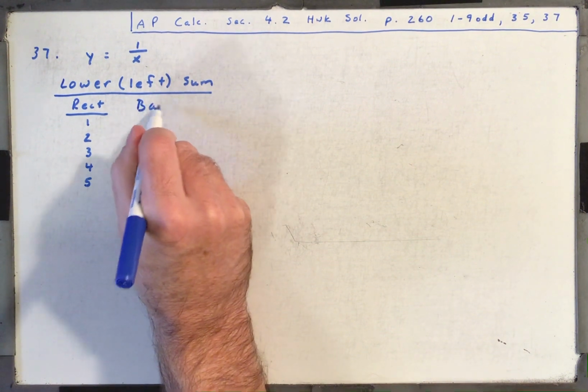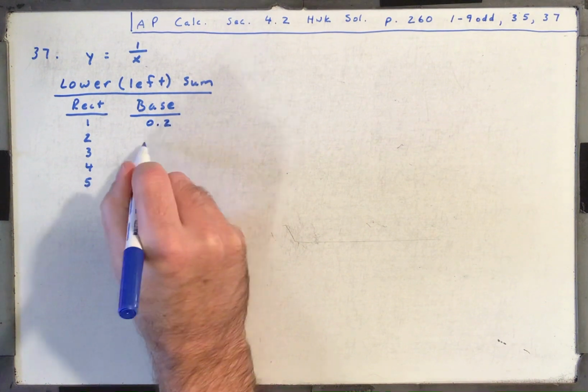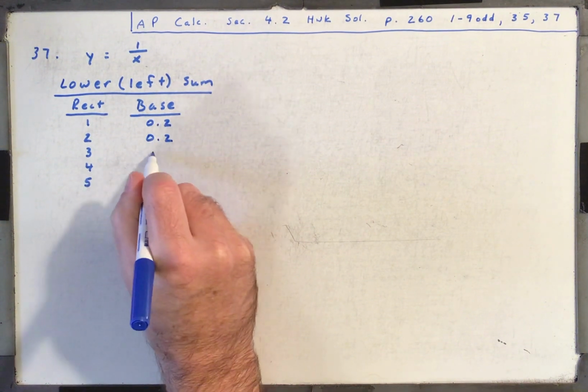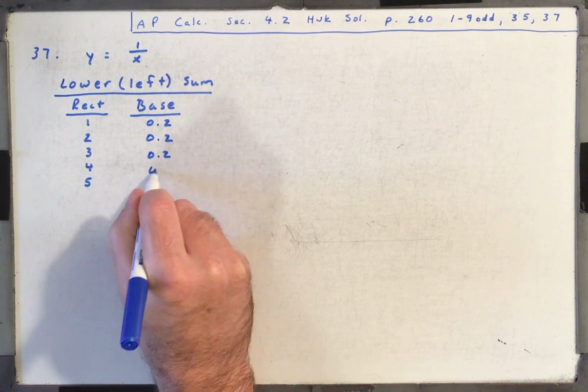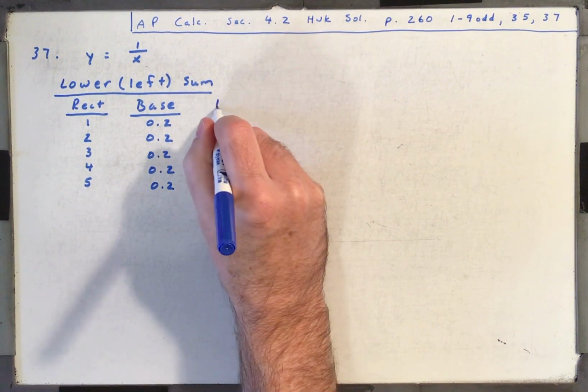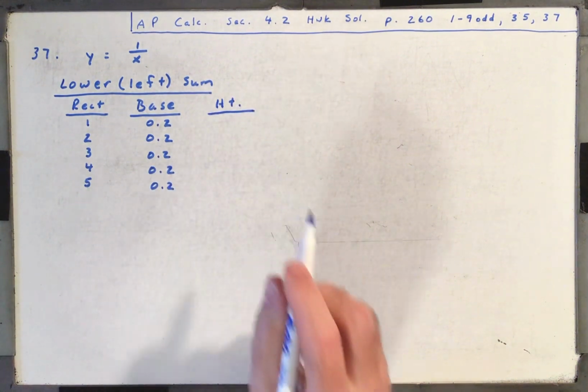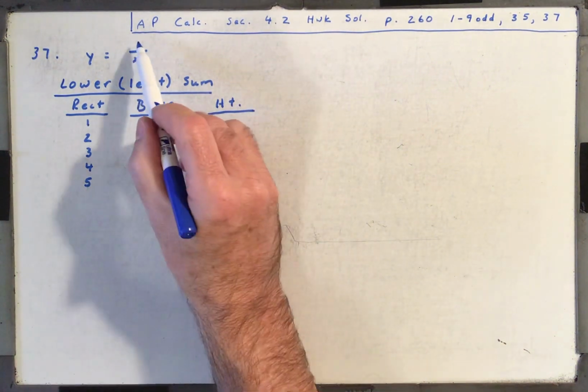Our base for each rectangle is 0.2. Our height for each rectangle, okay, so it's 1 over x.